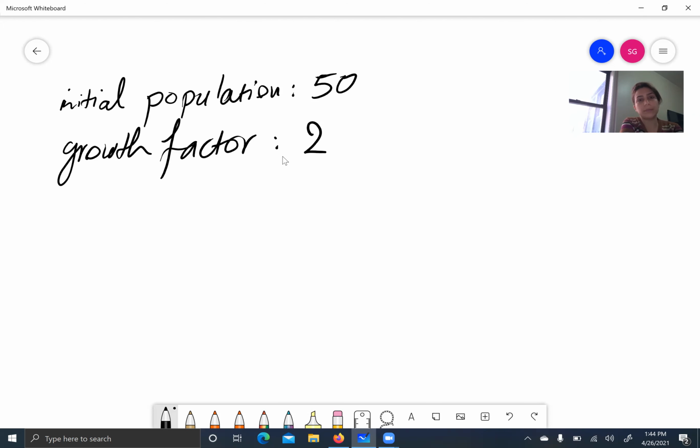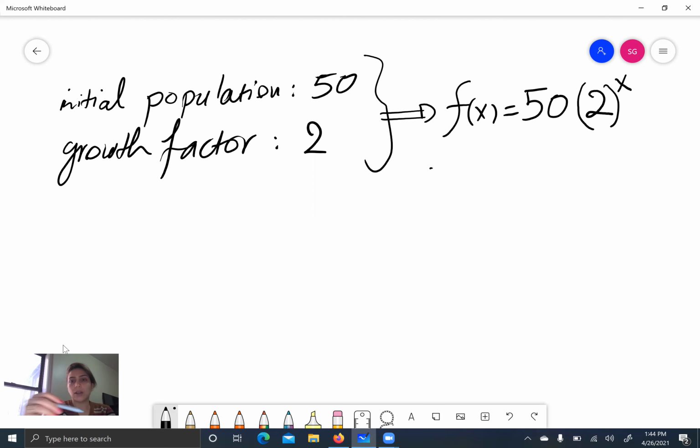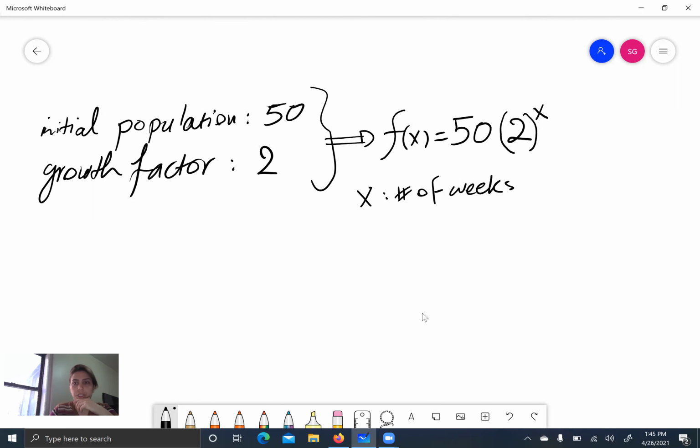So the equation of this function starts with 50, and then the population becomes double every week, so 2 to the x. What is x in this case? x is the number of weeks that pass from the initial time. So you already learned that this is an exponential function.